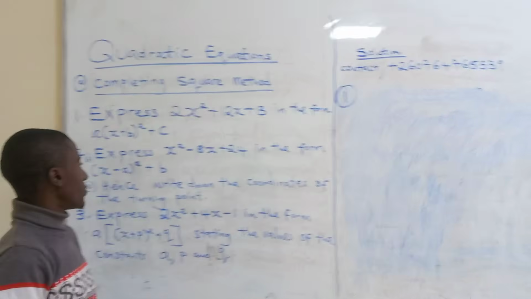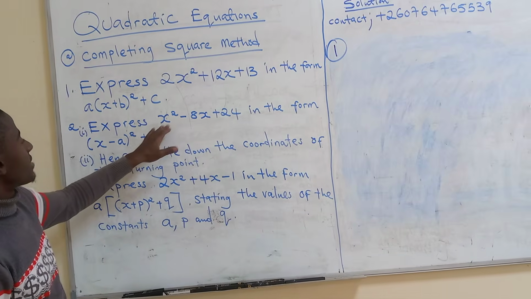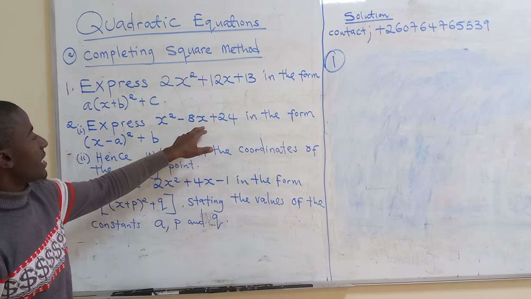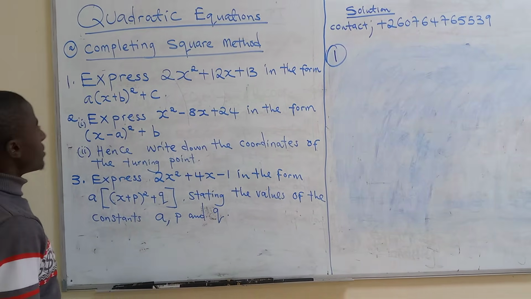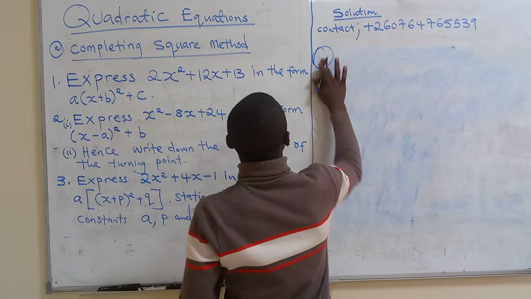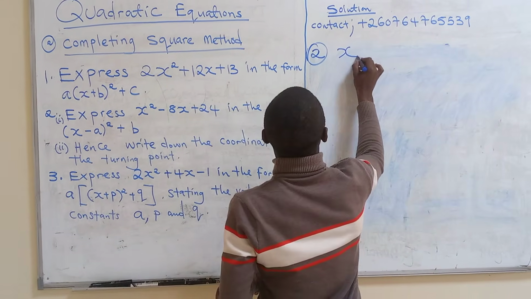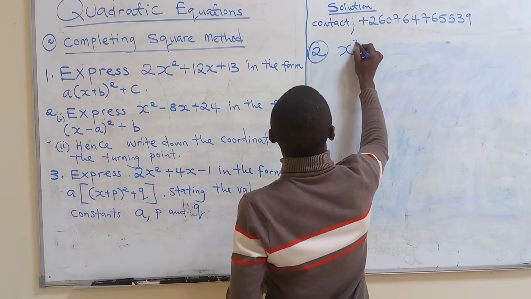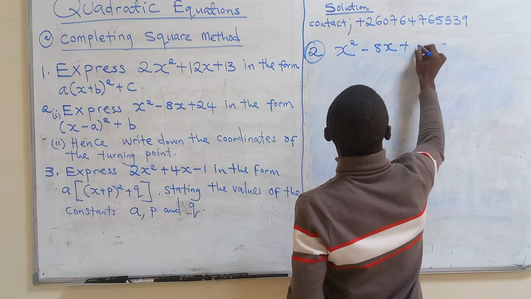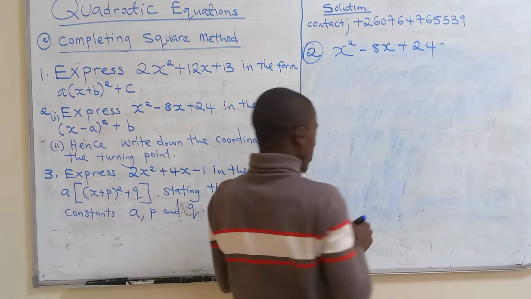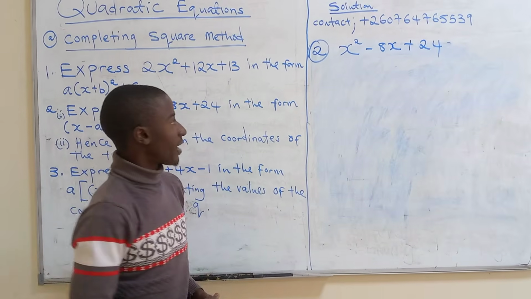So we proceed to the second question, where they are saying express x squared minus 8x plus 24 in the form of this. So question 2, we have been given the quadratic equation to be x squared minus 8x plus 24. Like I said, first step, you factorize.